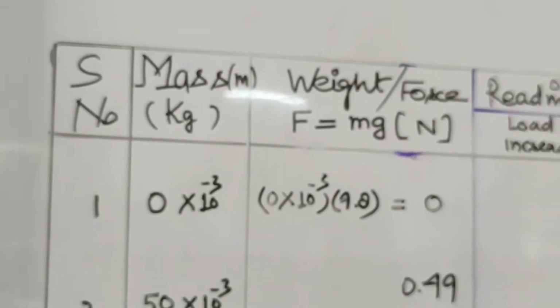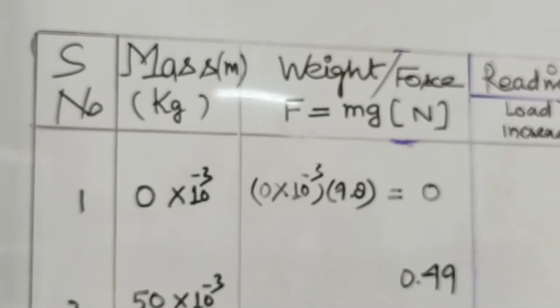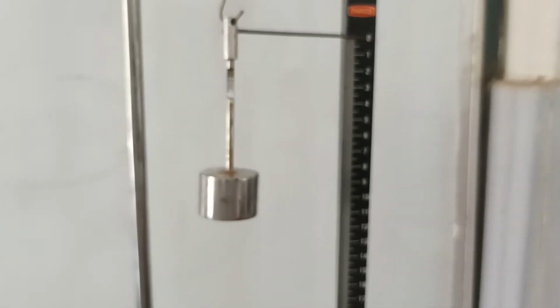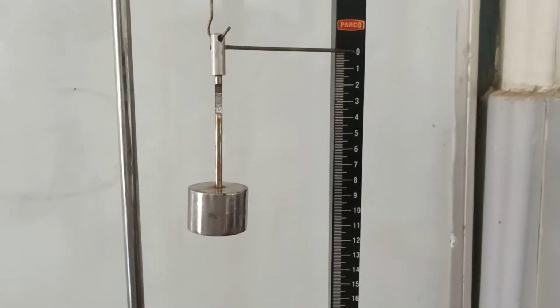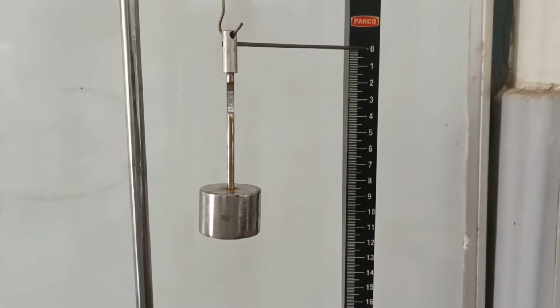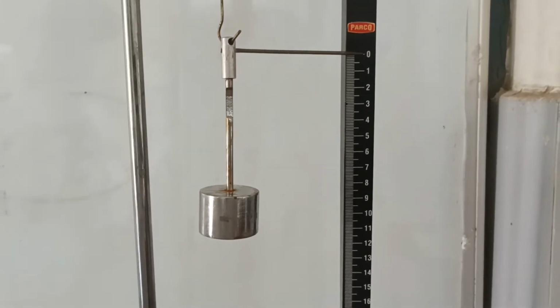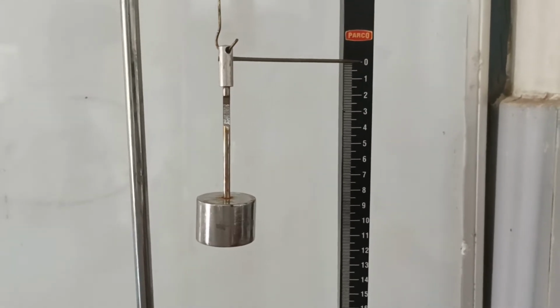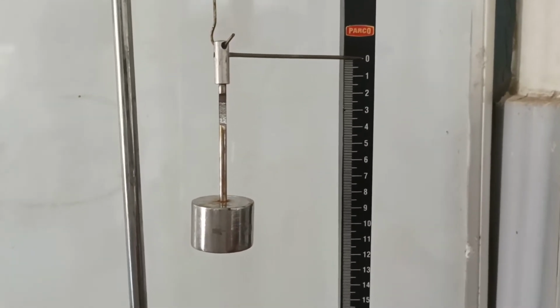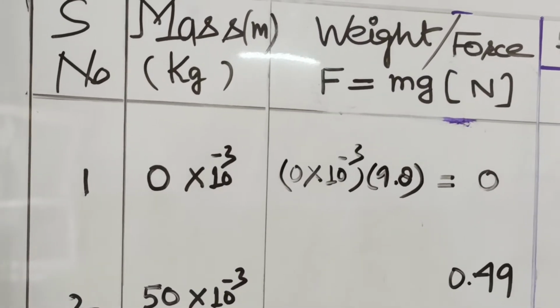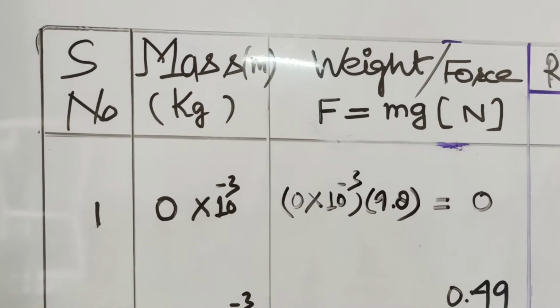This mass which is hanging on the spring is assumed 0 because we are going to start from 0. This is the initial mass, a standard mass used to set the system in order to take the observations. So it's clear that our first reading is for the standard mass, which is taken as 0.